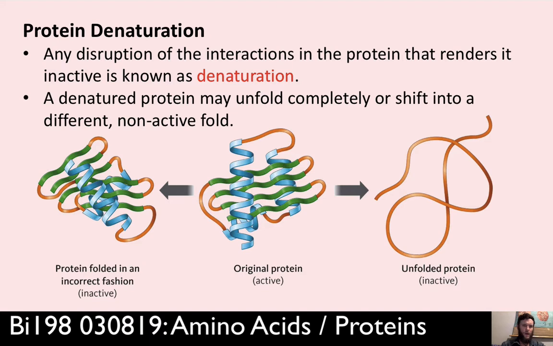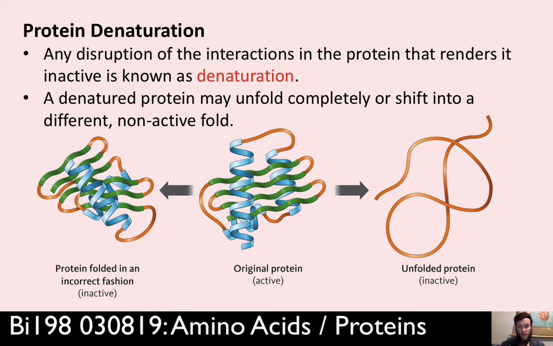All right, that's all the background of what a protein is. Now let's talk about what it means to denature a protein. Denaturing a protein is taking a protein, and we're going to consider the one in the middle, which is the original protein that's active. This is the natural way it's supposed to be folded in this cartoon. Denaturation is some sort of disruption of that native structure. A number of things can happen to a protein when you try to denature it.